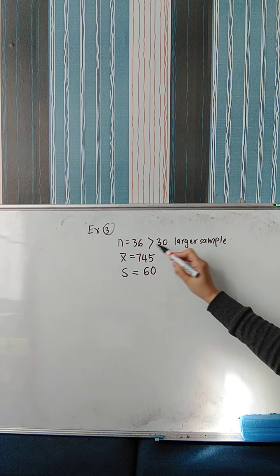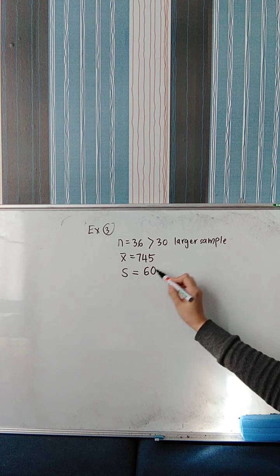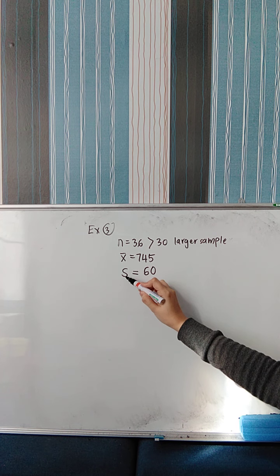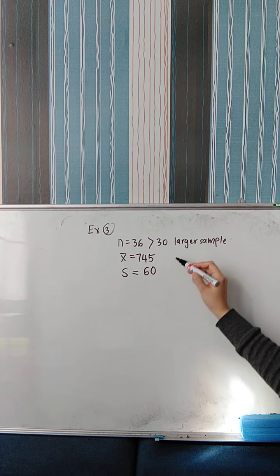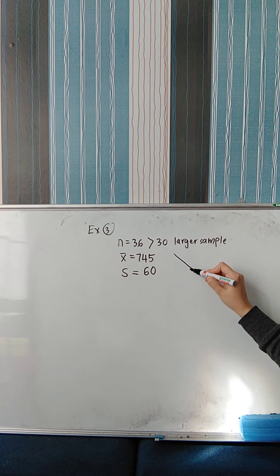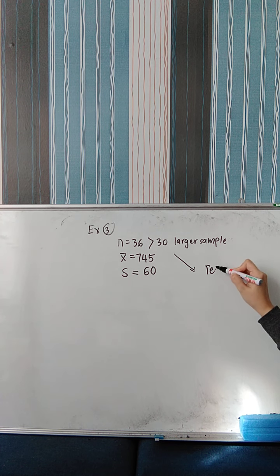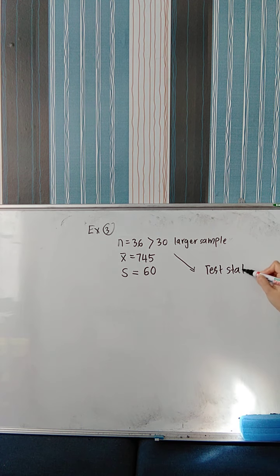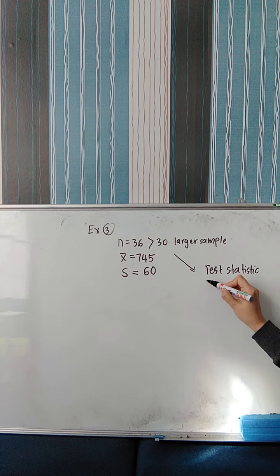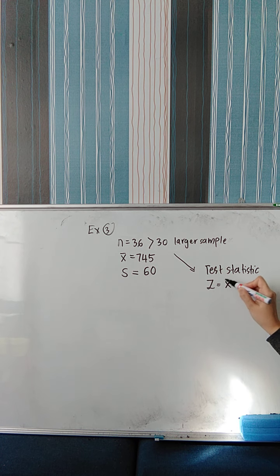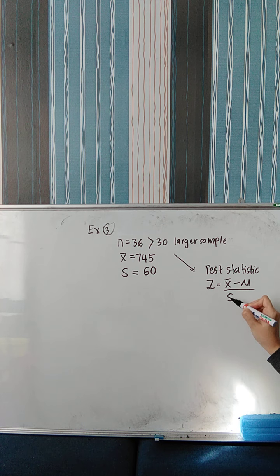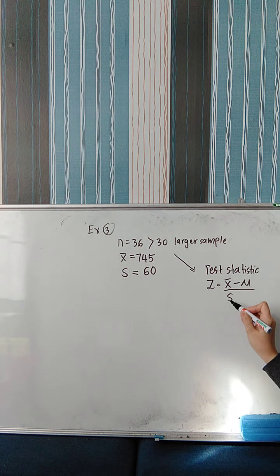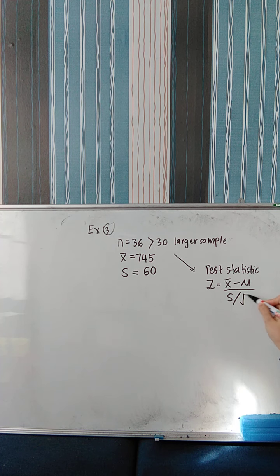So you have a larger sample and no population standard deviation. Your test statistic is Z equal to x bar minus mu over S, not sigma, S over square root n.